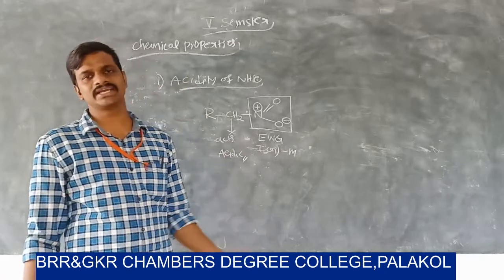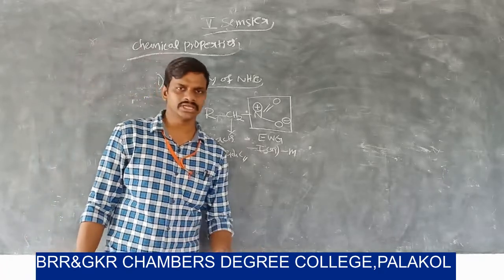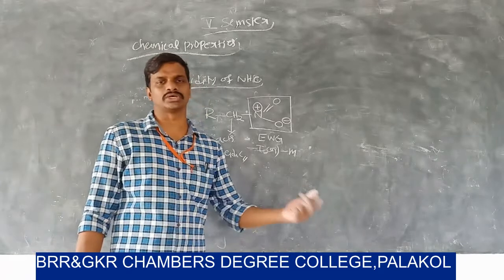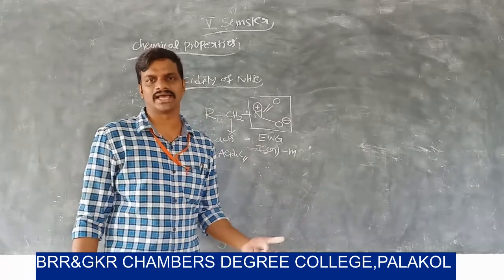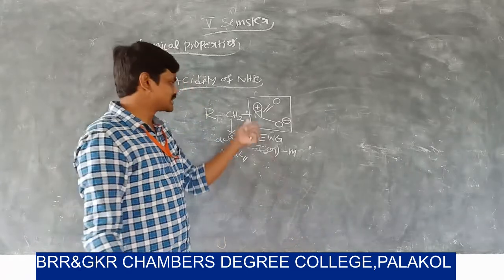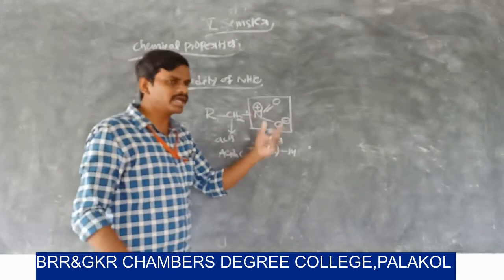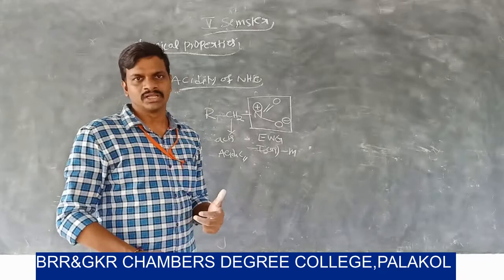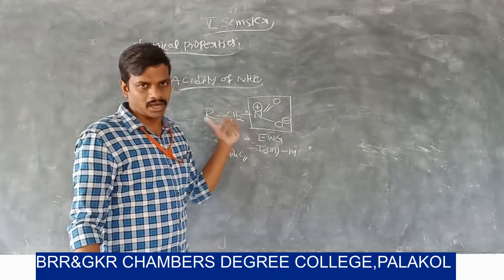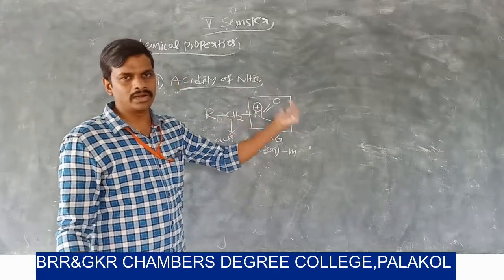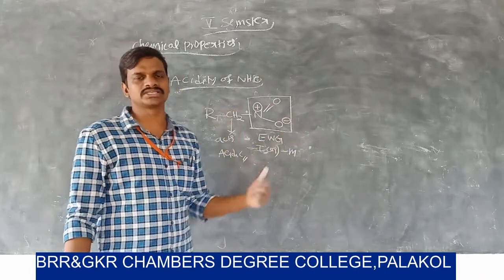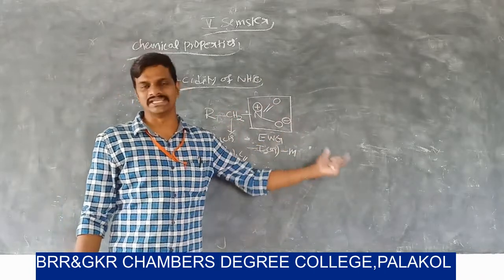What is meant by acid? According to Bronsted-Lowry theory, if any compound donates H plus ions, then it is called an acid. Due to the electron withdrawing nature of the NO2 group, the alpha hydrogens in aliphatic nitrohydrocarbons lose H plus very easily.